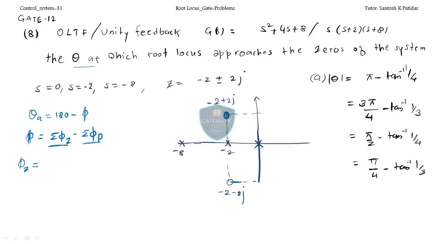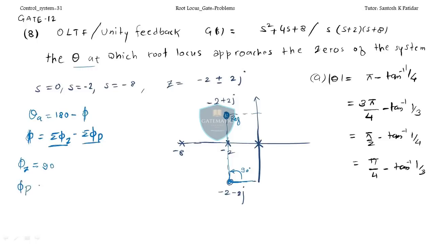Condition, you have to draw one line from the given to reference. This is my reference point. So you connected both of them, and from the horizontal you will find out the angle of that line, that is 90 degree. So angle provided by this zero over the reference is 90 degree. Okay, that part is over. Only one zero, that's why 90 degree.